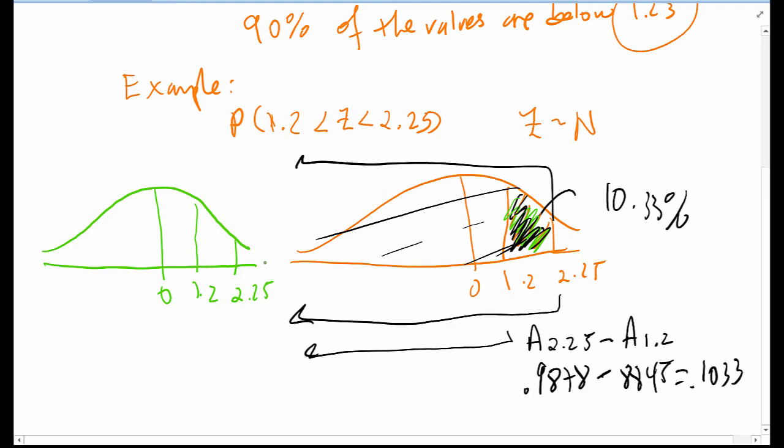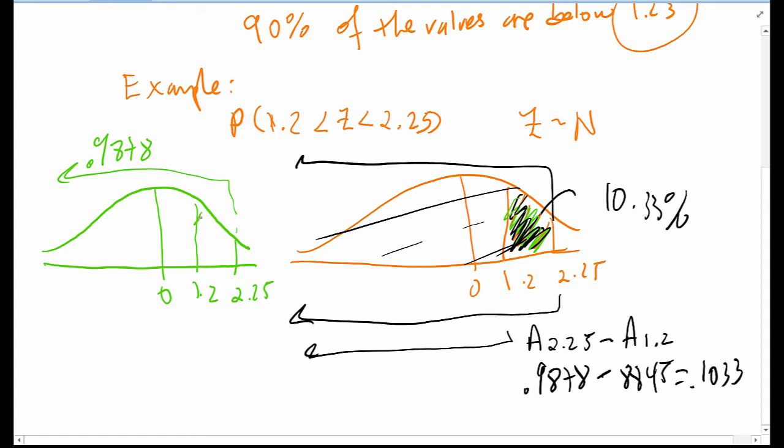The first thing we did is read the table for the percentage of values below 2.25, all this data right there, and we get 98.78, which basically means 99% of the data is below 2.25.